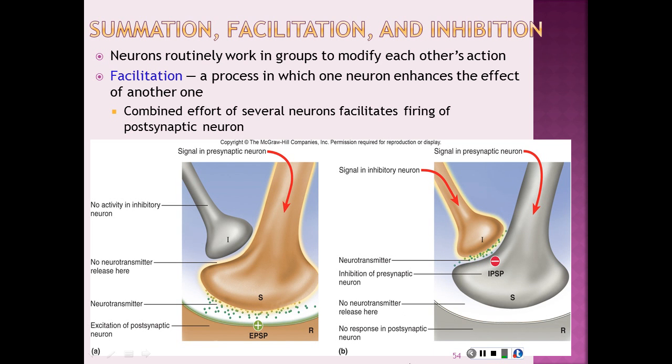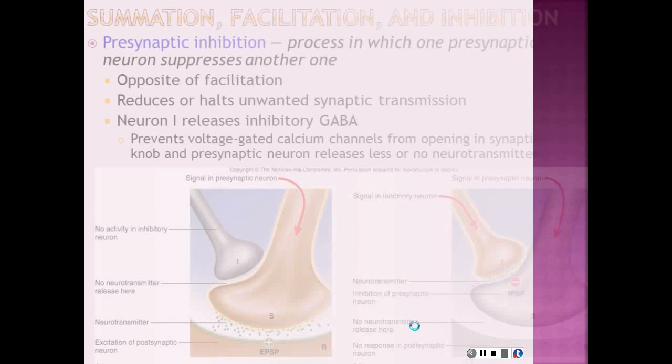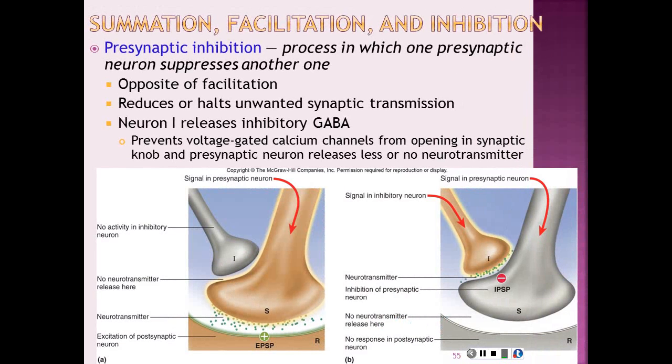Now, presynaptic inhibition is a mechanism by which one presynaptic neuron suppresses the action of another, often by blocking with an inhibitory neurotransmitter.